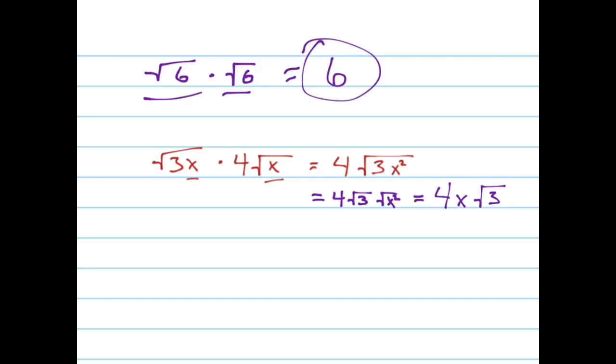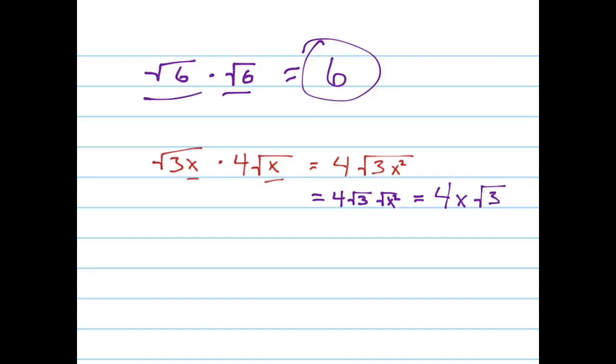Notice that I put the radical 3 at the very end, even though there's an x in the middle. Why do you think I'd put the radical 3 at the end? Putting x first in order is for when we're adding polynomials, in descending order of degree.